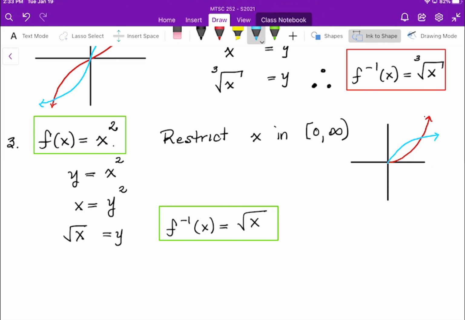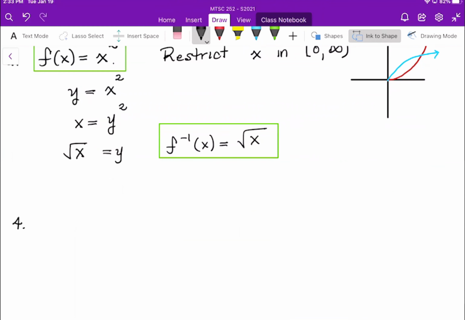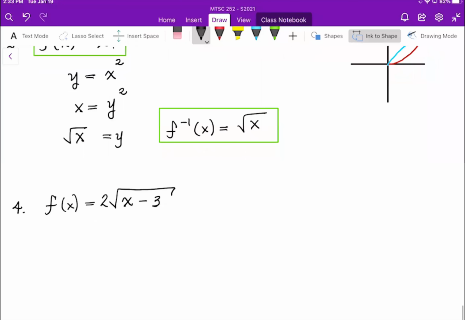Now things can be a little bit more difficult. Okay, so now we have f of x is 2 times the square root of x minus 3.